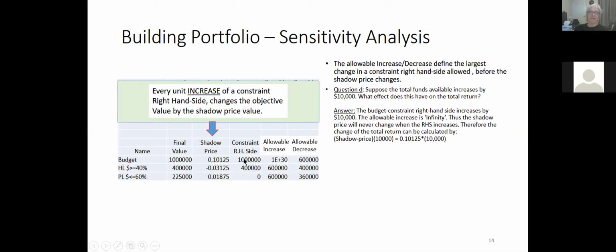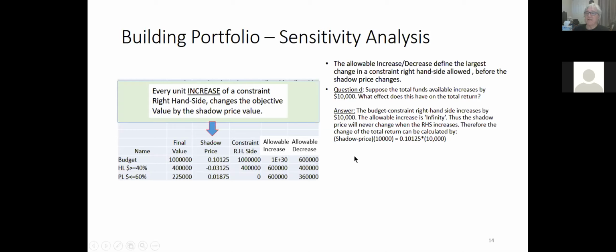No matter how much you increase the amount of funds available, the shadow price will forever remain 10 cents, which means a $1 increase of the funds available will always increase the total annual return by 10 cents. And there is no upper bound here because the upper bound is infinity.